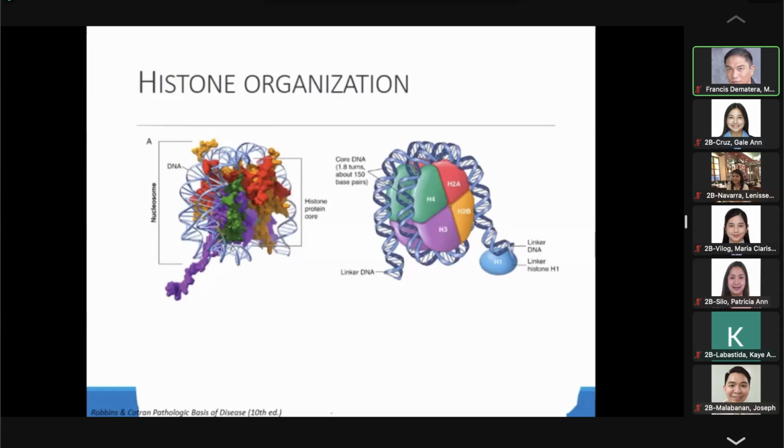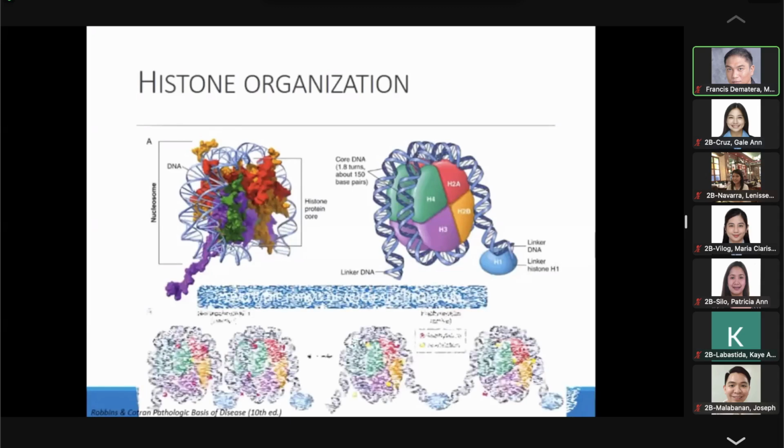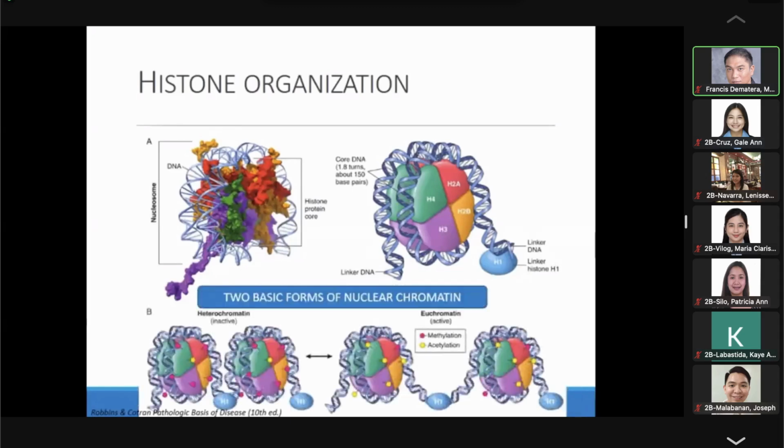So the state of DNA unwinding is regulated by histone modification, which includes acetylation, methylation, and phosphorylation. So the two basic forms of nuclear chromatin are heterochromatin, which is inactive when they are dense, and euchromatin, which is active when they are dispersed.